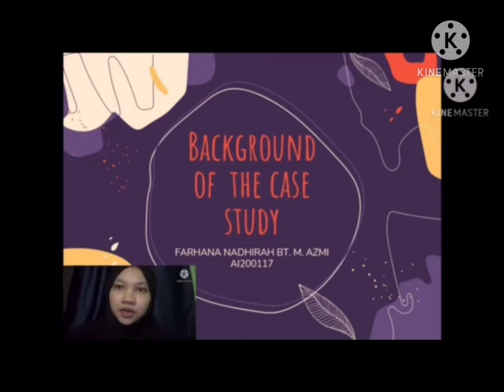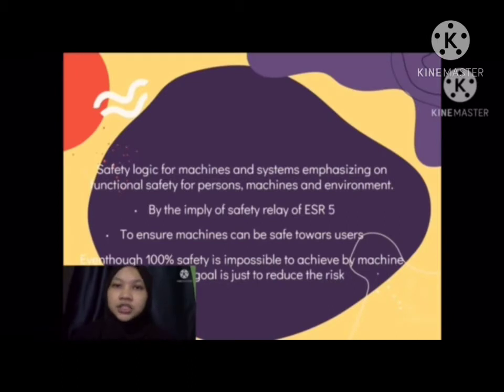So today I would like to present about the background of our case study, which is the safety logic for machine and system. Safety logic for machine and system, emphasizing on functional safety for persons, machines, and environment.